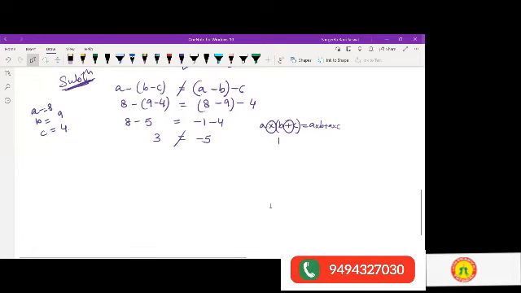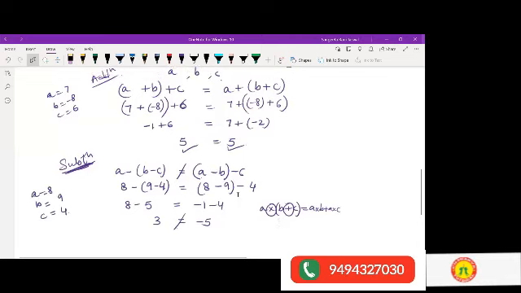Ma'am, I don't understand associative subtraction. Who did not understand? Hamza, is that you? Okay, now see this, Hamza. In the associative property, we take three integers and we group them like this: A plus B inside the bracket, C outside.